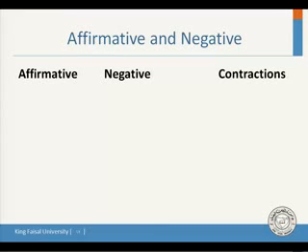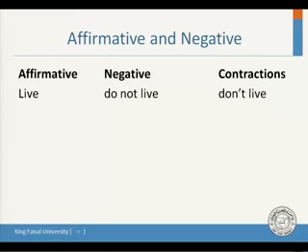To summarize the previous slide, look at this slide. We have the affirmative and the negative, and also the contractions. The contraction: live, affirmative; negative, do not live; contractions: don't live.